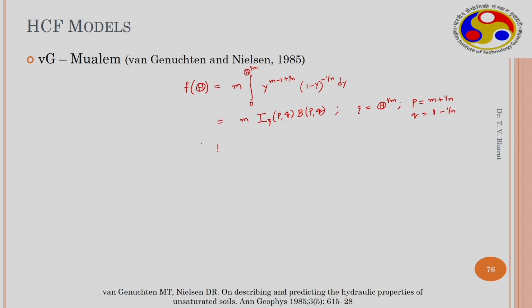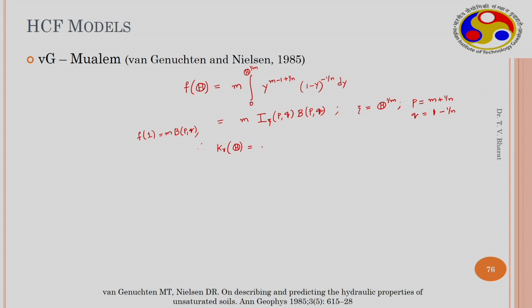So, therefore, the Kr of uppercase Theta is equal to, because f of 1 is m times the complete beta function of p, q.